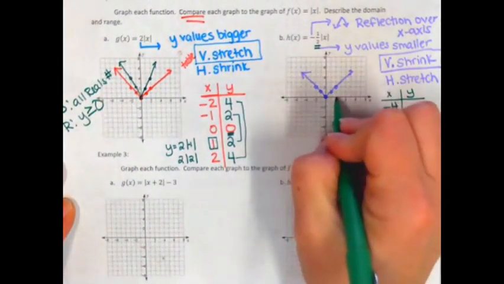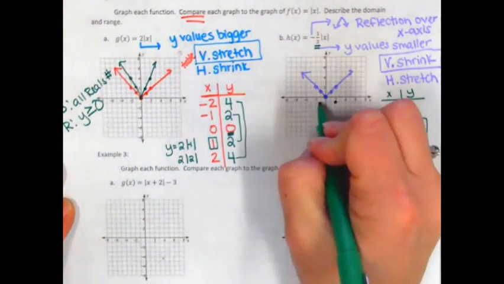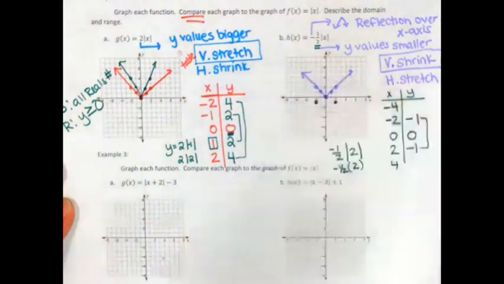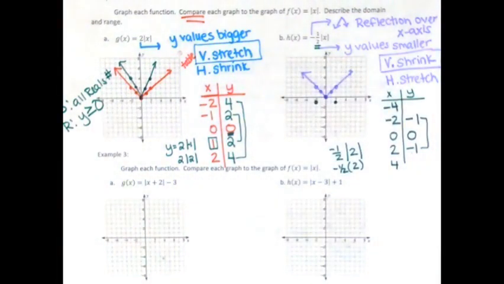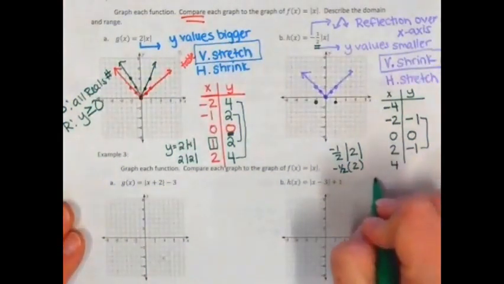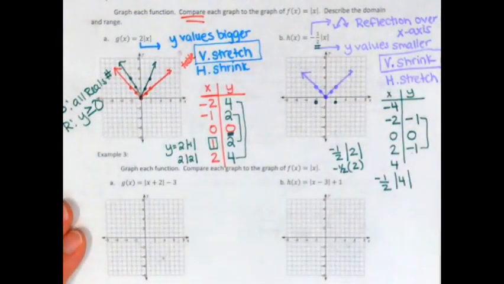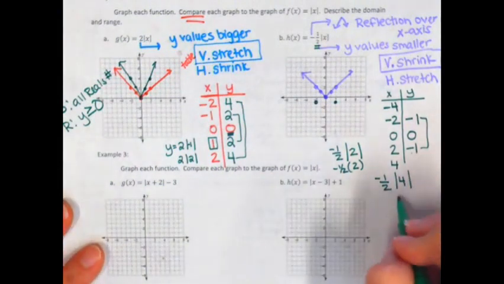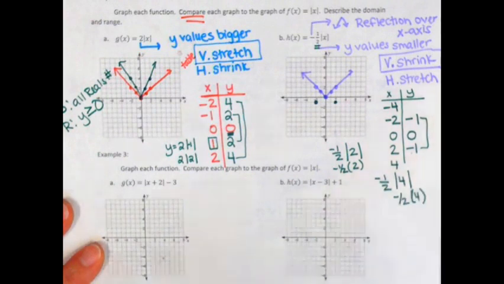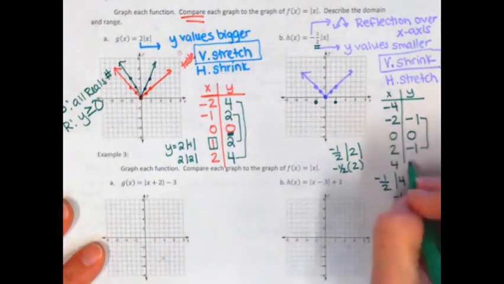So I can graph (2, -1) and (-2, -1). And then let's do 4. -1/2 times the absolute value of 4. What's the absolute value of 4? 4. And what's -1/2 times 4? -2.